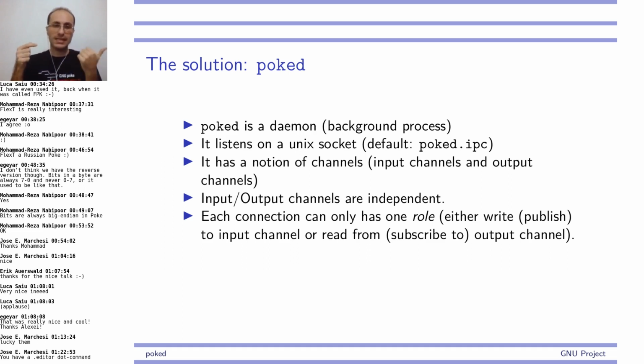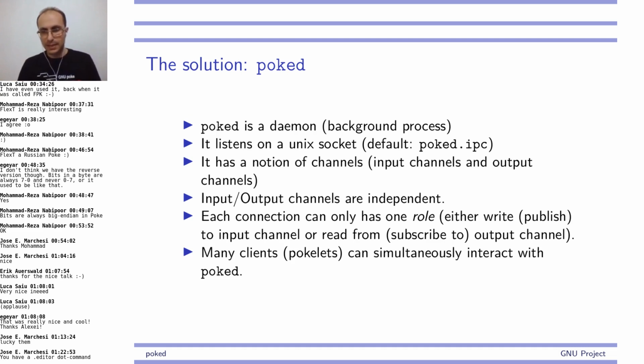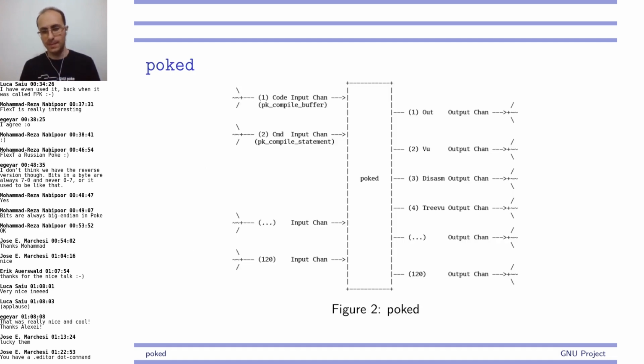Is it an input channel or output channel? And the main interesting thing is that we can have more than one client simultaneously interacting with the pokd. This is a slide. I think it's a little small, but let me try to explain.